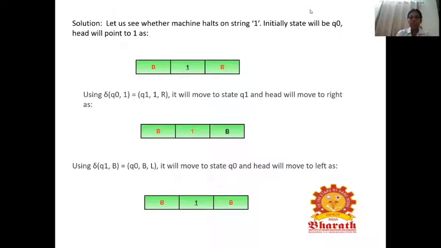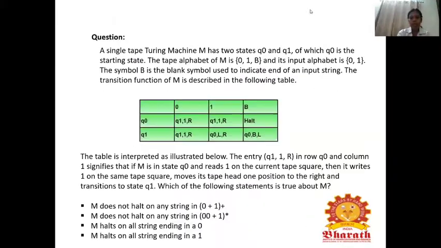Next, now the state is Q1. What is the input? The input is B. So we'll see in the tabular column what happens if the state is Q1 and the input is B. The next state is going to be Q0, the symbol stays B, and it moves to the left.